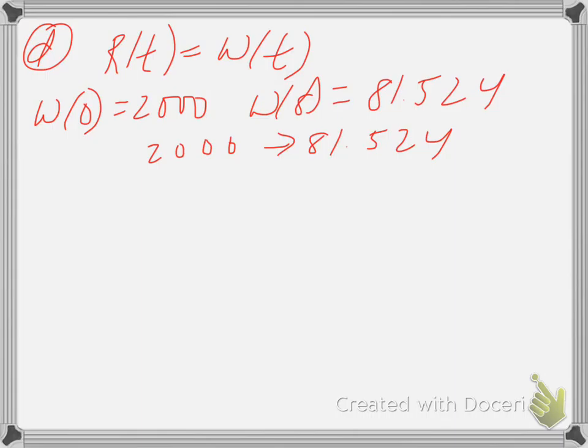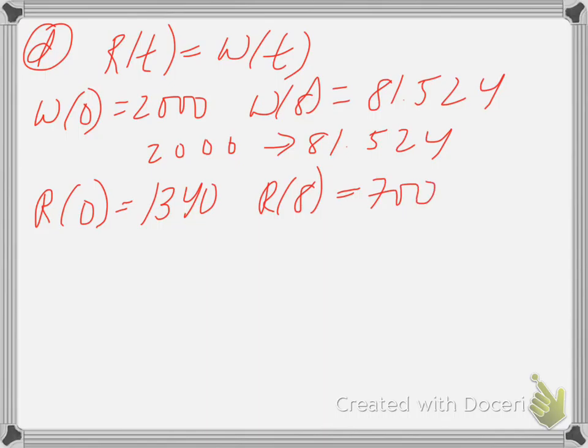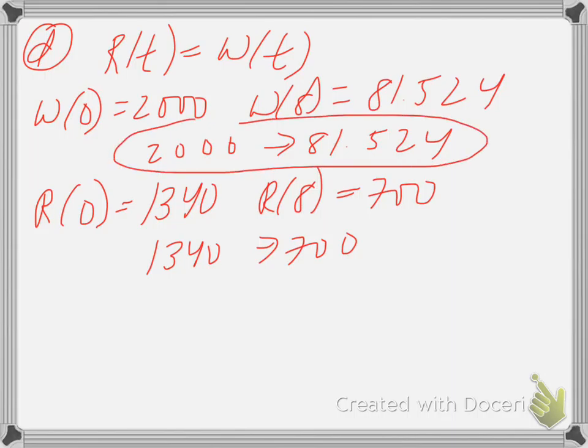Okay, then I did the water going out, R of t. So R of 0, this is from the table, is 1340, and R of 8 is 700. So it went from 1340 to 700. So they both go between 1340 and 700, because to go from 2000 to 81, you have to bypass 1340 and you have to bypass 700.